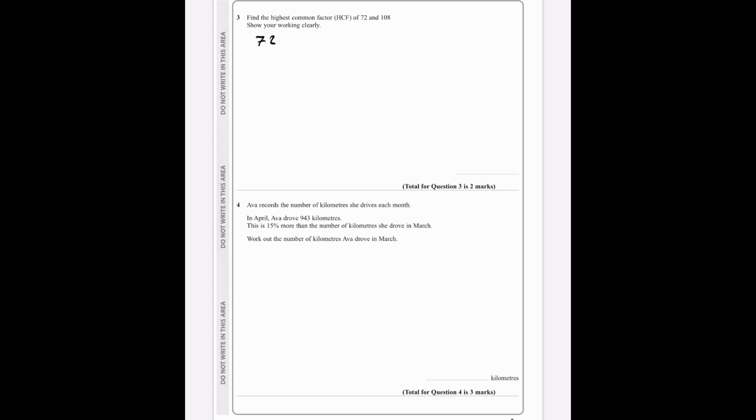by car. You can, because these numbers are small, just list some factors of 72 and 108, although the danger is that you'll miss the highest one they have in common. There's a few other ways of doing these sorts of questions. Here I've done factor trees and then intersecting circles.